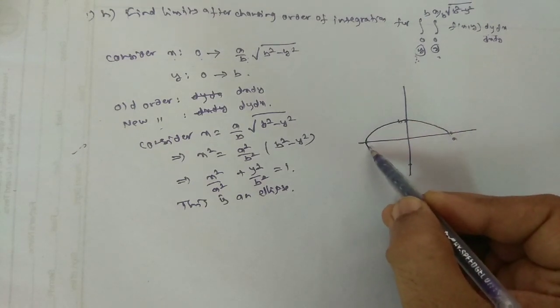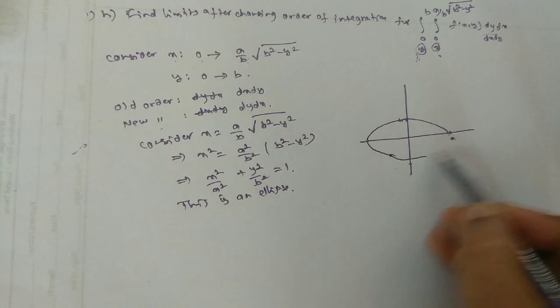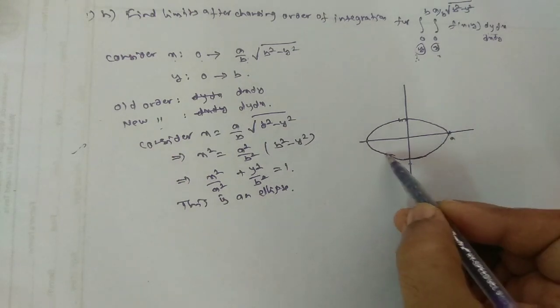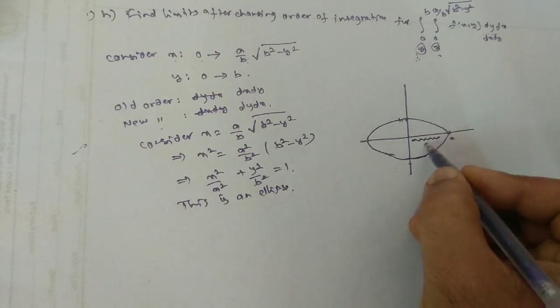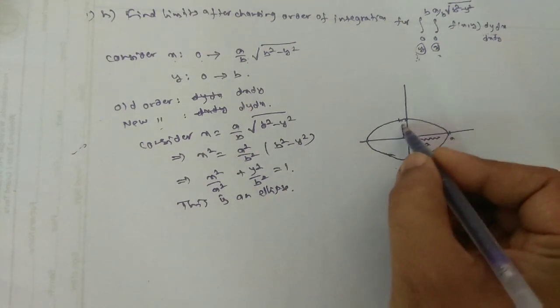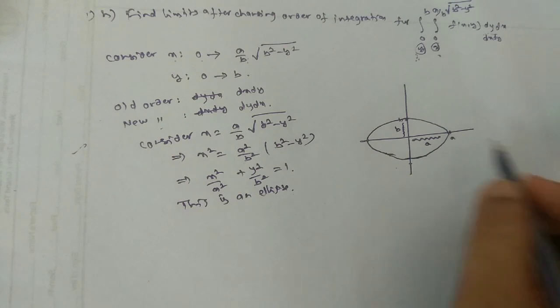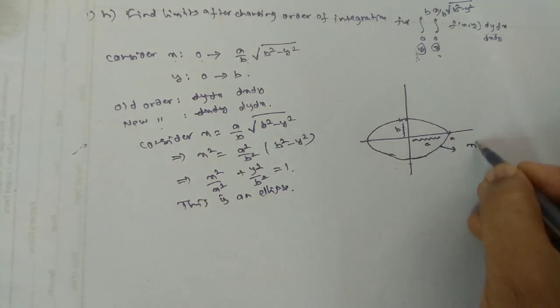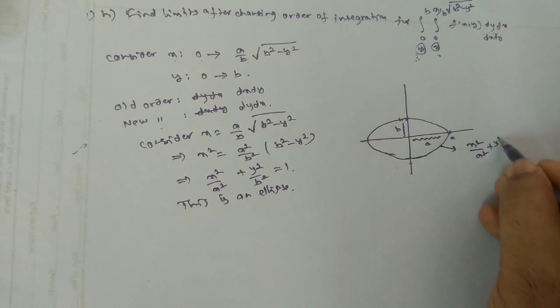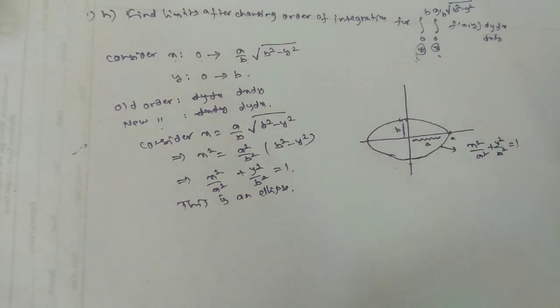It's not a circle, it is an ellipse. It is only a rough diagram. So you are having a, and this is nothing but b. This is the equation indicated by x square by a square plus y square by b square equal to 1.